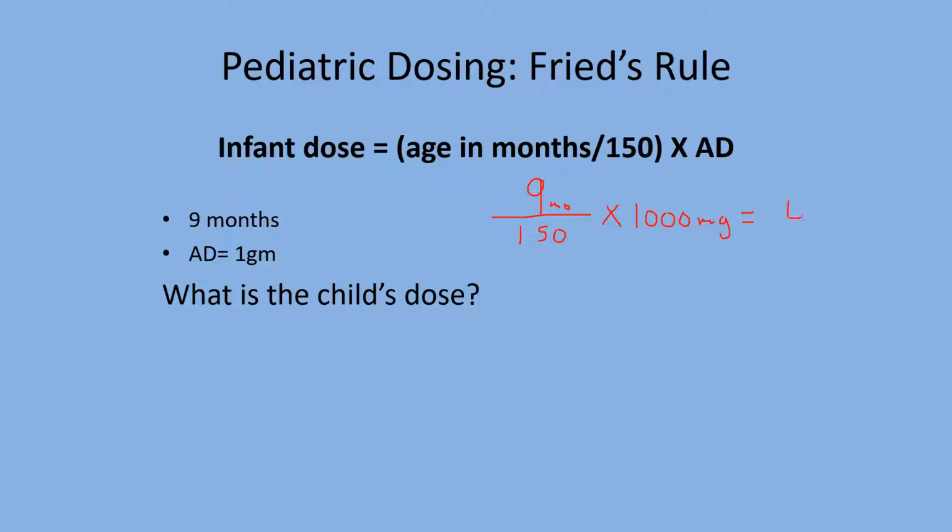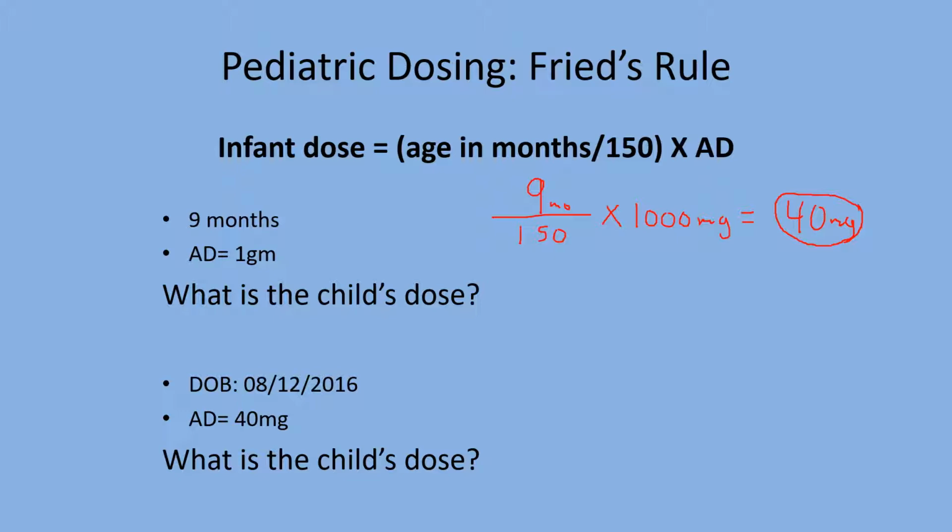You got 40? Yeah, that's about right. That is way less. So you can see how difficult it is sometimes. Is that right? Yep. 60 now? Yeah, 60.